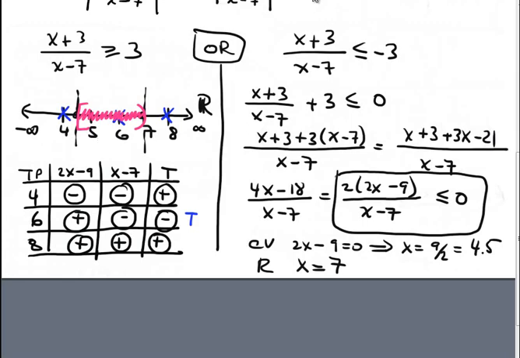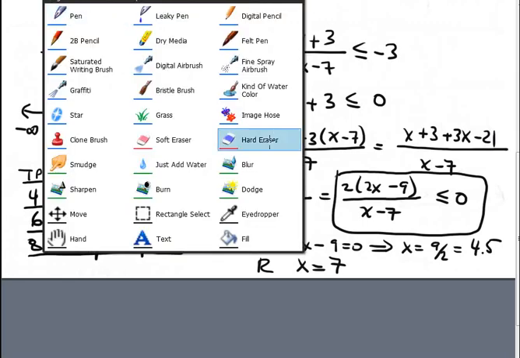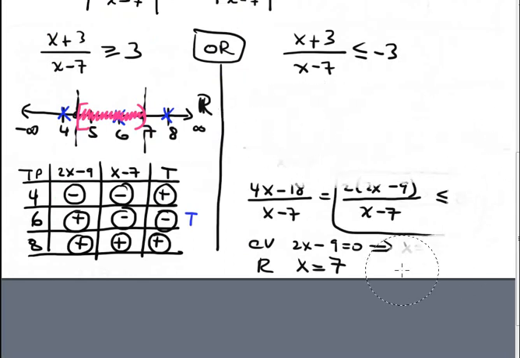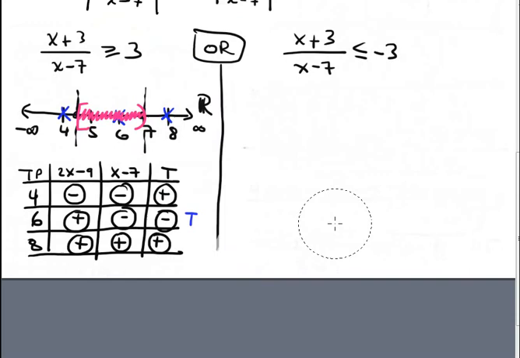Interval 3 is bracket 9 over 2, comma 7, parenthesis. Okay, now let's do the other part.